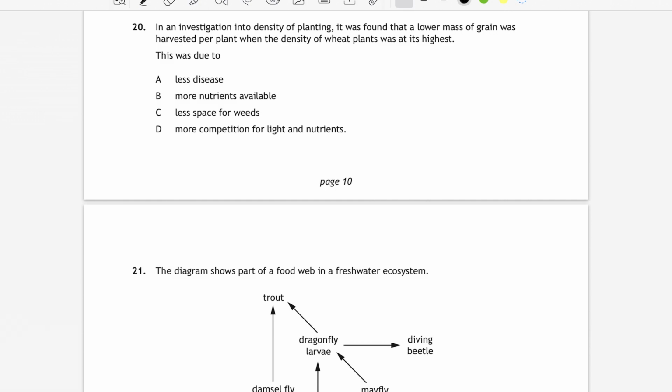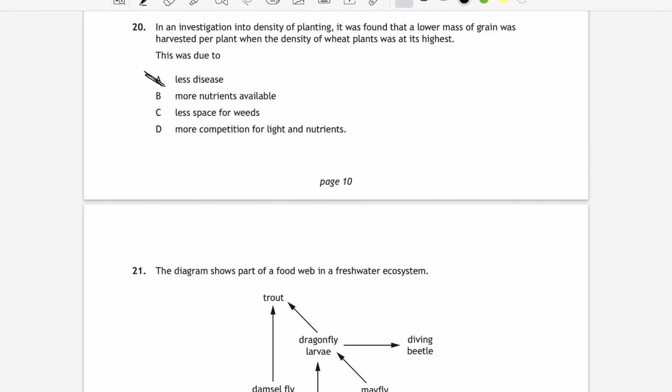Less disease. Well, we don't really know anything about what's going on with the disease there, so that's kind of a wild assumption, and I would find it very unlikely that the grain would be really affected by disease in this sort of way. So A, I'm going to say no.